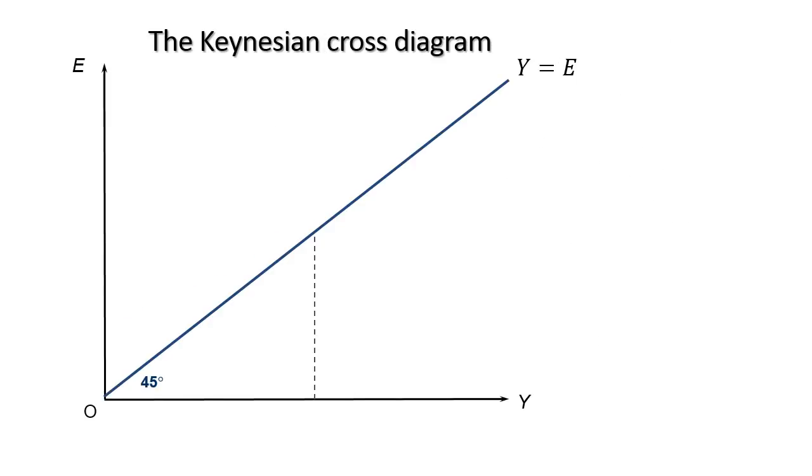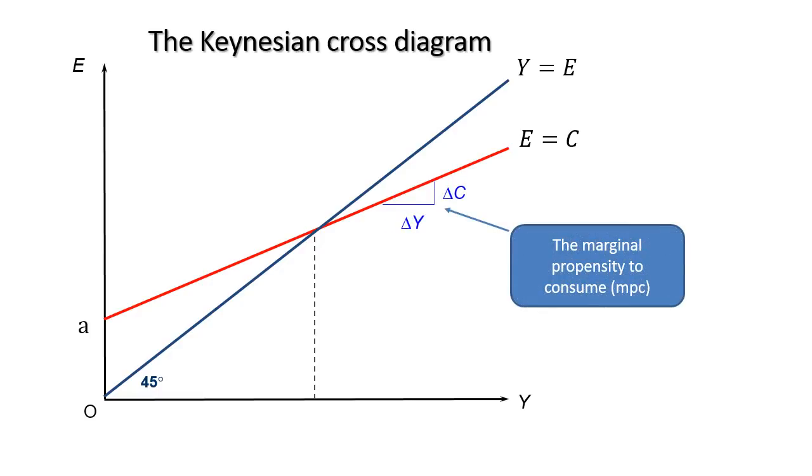Now we can construct the Keynesian cross, which is our model for the goods market, remember, using the equilibrium condition and the expenditure function. There is the equilibrium condition where Y is equal to E at any point along that line, in expenditure E, output Y space. For any given level of expenditure in the economy, the Keynesian cross will predict a level of income which will be achieved in equilibrium.